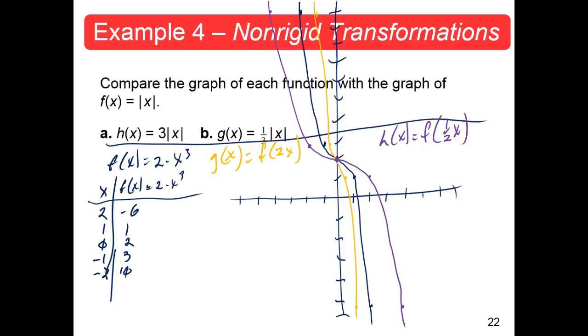Okay, number 4. Match the rigid transformation of y is equal to f of x with the correct representation of the graph of h when c is greater than 0. Okay? So A here is h of x is equal to f of x plus c. What is that?